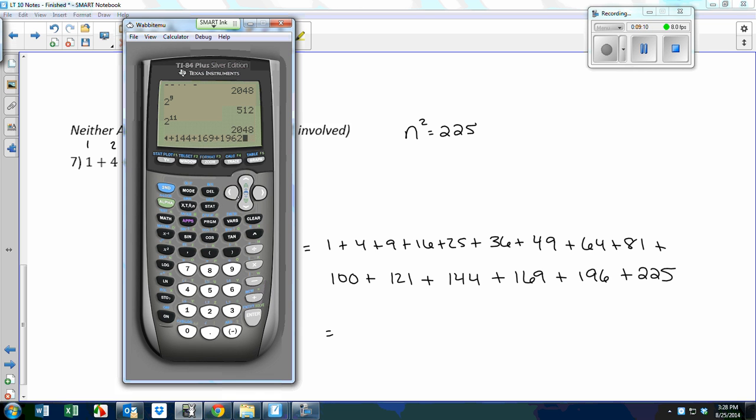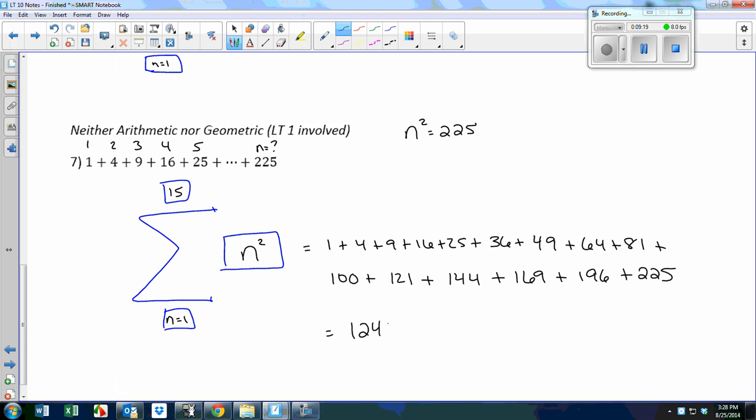Oops, glad I caught that. Plus 225. Enter. 1,240. All right, and that's the end of the Learning Target 10 note.